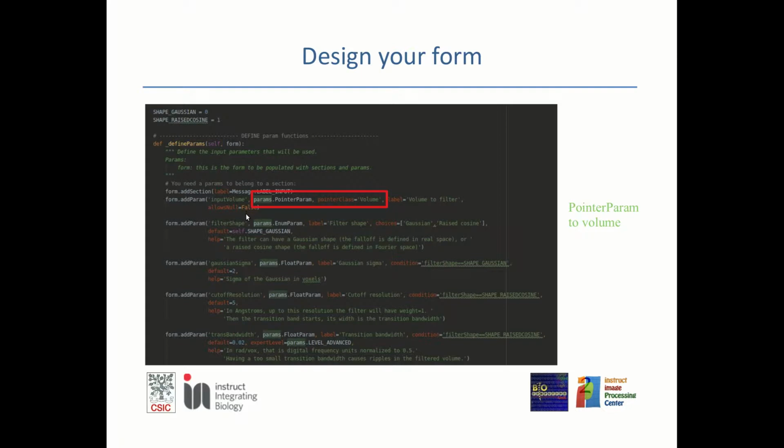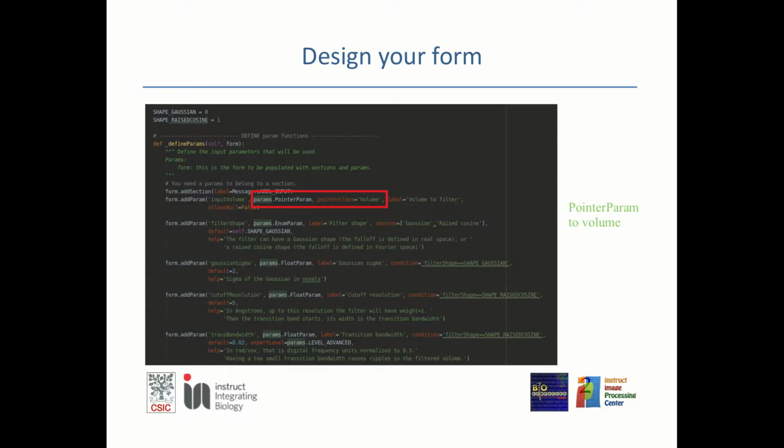If it is the main entry, it cannot be empty. So if you want to filter a volume, you have to be given a volume. But let's say that this is pointing to a mask. And sometimes the mask is used. If you don't give me a mask, still I can do my operation. So then you would say allows null equals true.